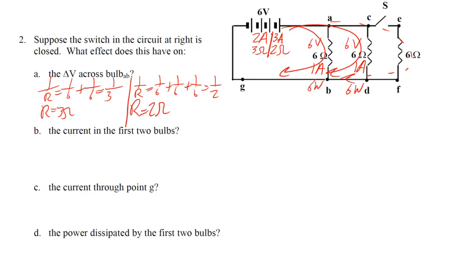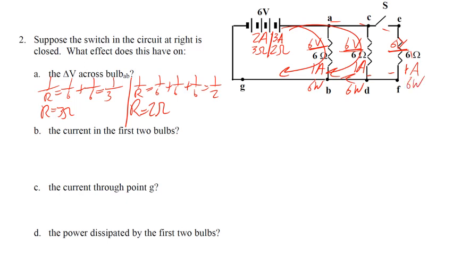Now, we know that since we have 6 volts, it's going to be 6 volts across everything. With that being said, the current is going to be 1 amp for this new one as well, which means its power is also 6 watts.